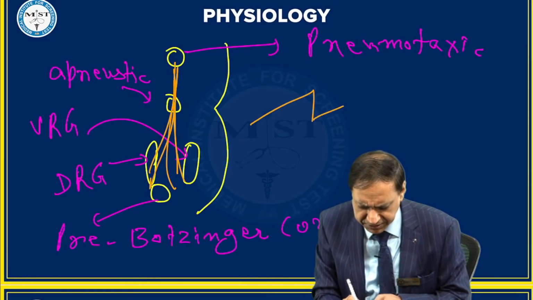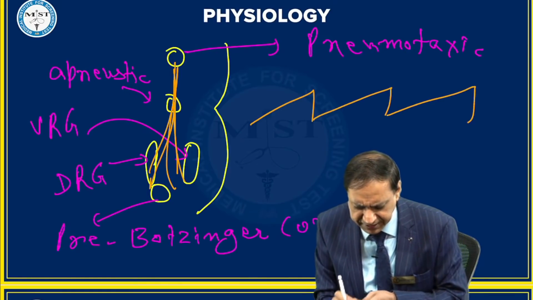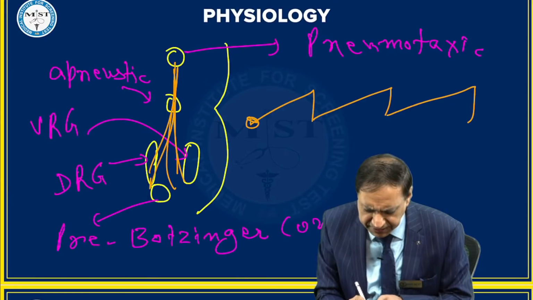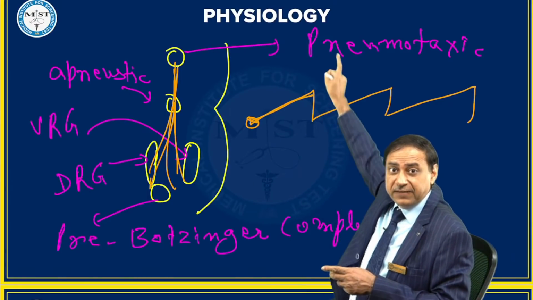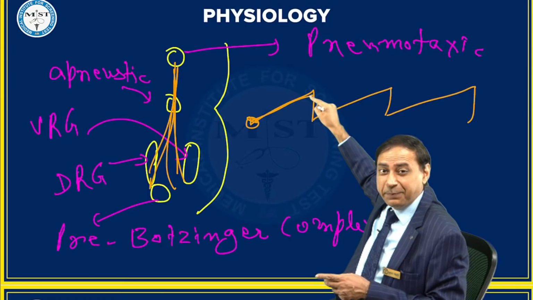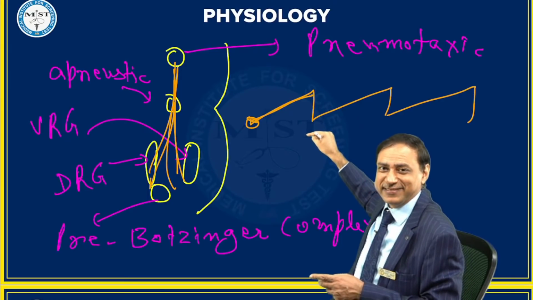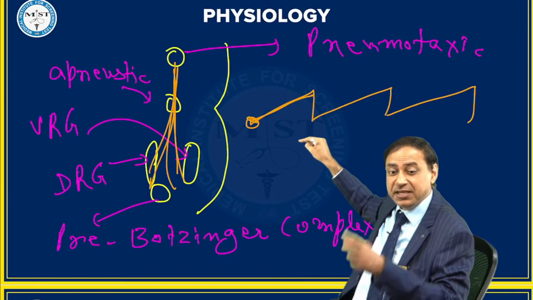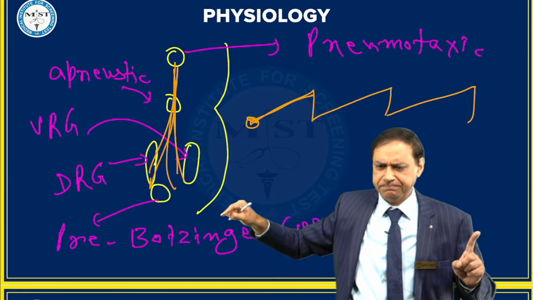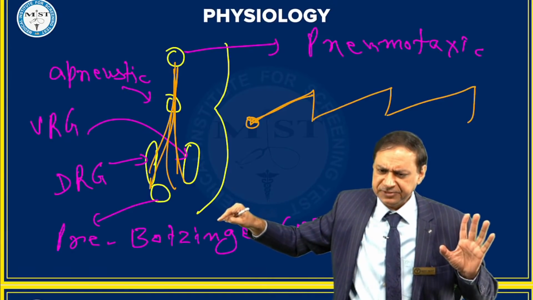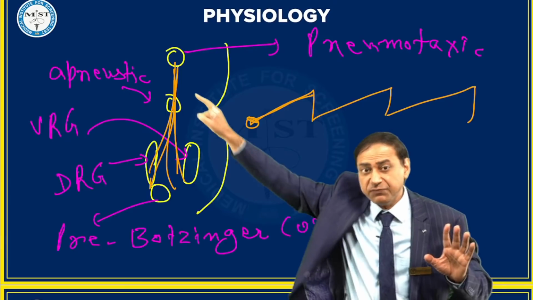Inspiration, expiration, inspiration, expiration. So this inspiration, what will this do? It will apply brake to inspiration. It will limit inspiration. This is the function of the pneumotaxic center.